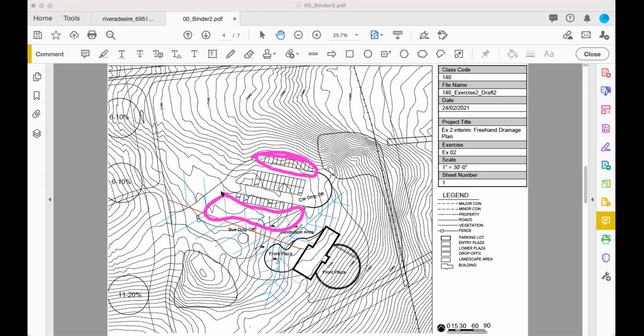Everything is draining to your parking lot, so it's not receiving any water anyway. So that means that green area is likely not going to be functional in terms of receiving stormwater. So that can be shrunk, and then your parking lot can be placed on a flatter area.